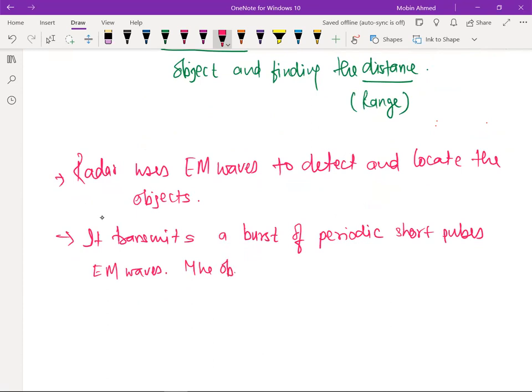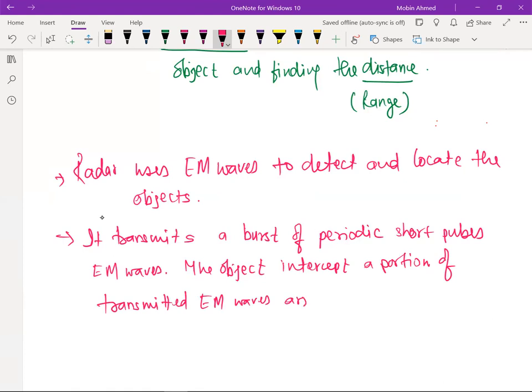The object or target intercept a portion of transmitted EM waves and re-radiate in all the direction. Now antenna, why the antenna is being used?